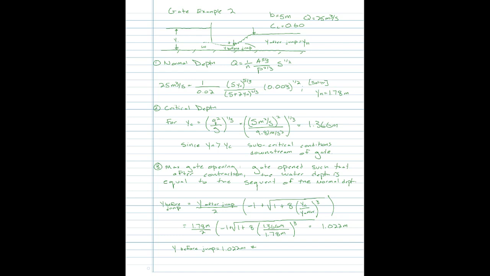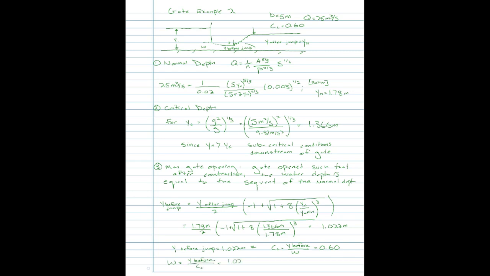So for this Y before of 1.022, we know that Cc is Y before over the gate opening w, and that is equal to 0.60. Then w, which is the gate opening, is going to be Y before divided by the coefficient of contraction.